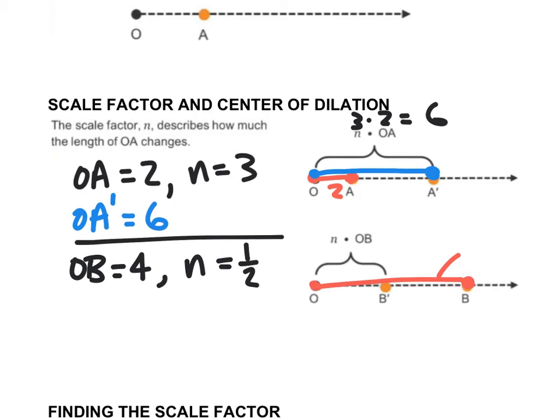And that original length is 4, okay? And we're going to multiply it by our scale factor, which is 1/2, and half of 4 is going to give us a length of 2. So OB prime has a length of 2, okay? So that's the idea, all right?